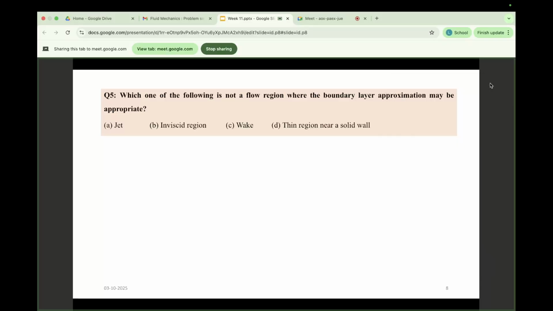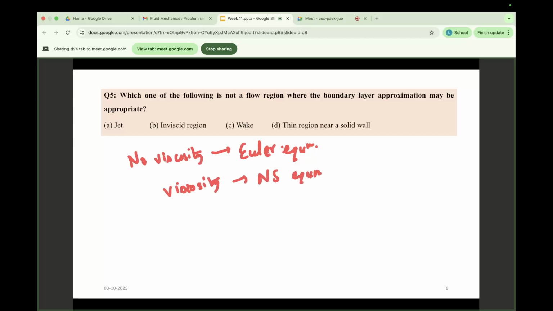Because, as I have already discussed, if there is no viscosity, what equation can we use? No viscosity, we can use Euler's equation. But if there is viscosity, we can use the Navier-Stokes equation or the boundary layer approximation near the wall.